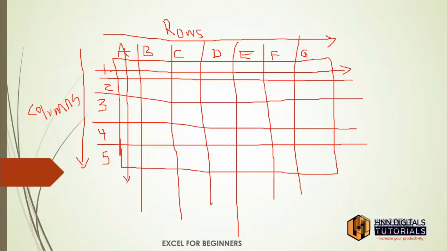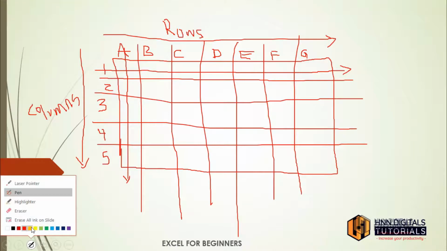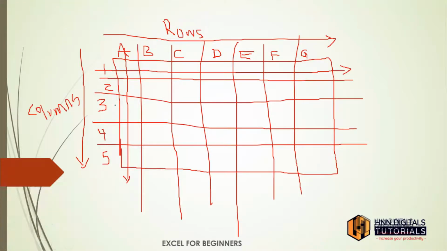Then you see each of these intersections, where these 2 points meet, the intersection of rows and columns. This box here is referred to as a cell.